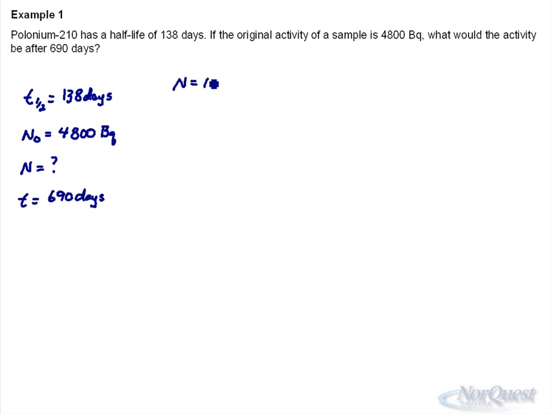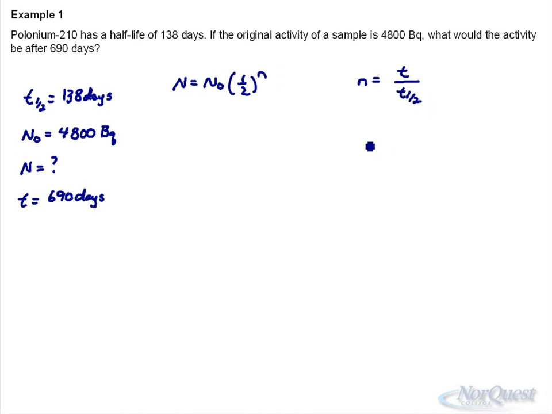N equals N initial times 1/2 to the little n. That's equation 1. We're going to solve for big N in this question, and we know the initial amount. We just have to figure out little n using the second equation. That's going to be time over T 1/2.